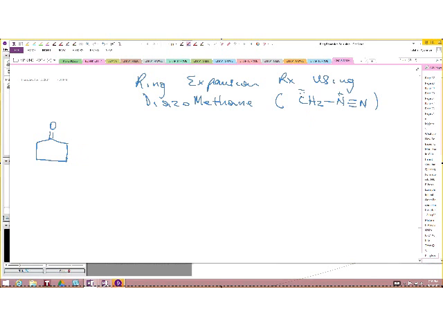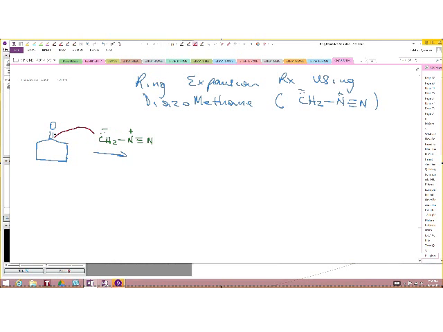this will react as a nucleophile. You have a nucleophilic addition to the carbon-oxygen double bond, right? Okay, so we have this. Let's change the color of the pen. What happens here?